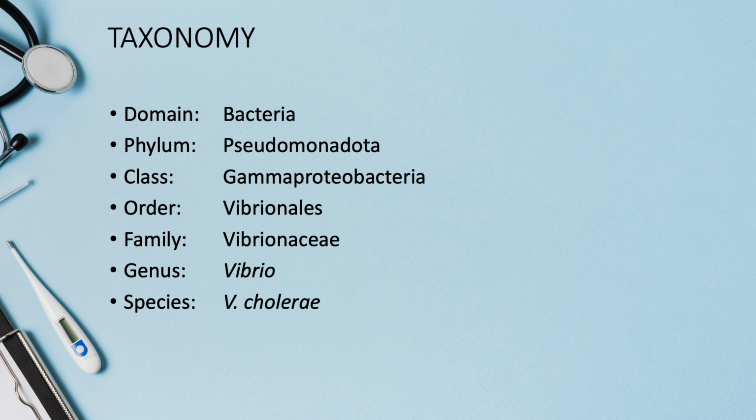The most important part of this infection is its nosology and clinical manifestation. Clinical manifestation of cholera is very specific, and it will be due to the infectious process, due to all the processes that are happening on the level of the intestinal tract.